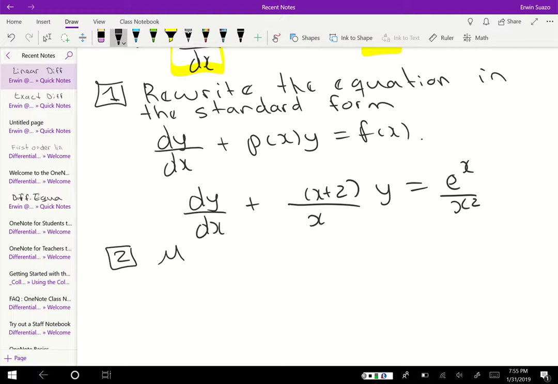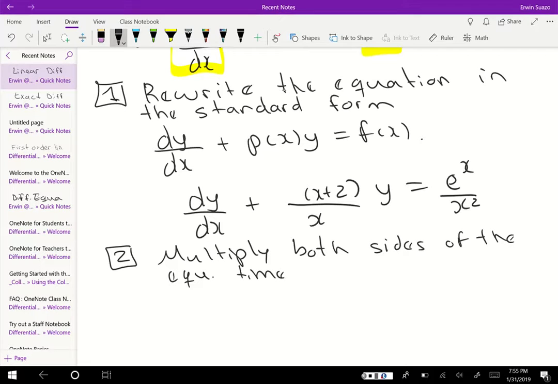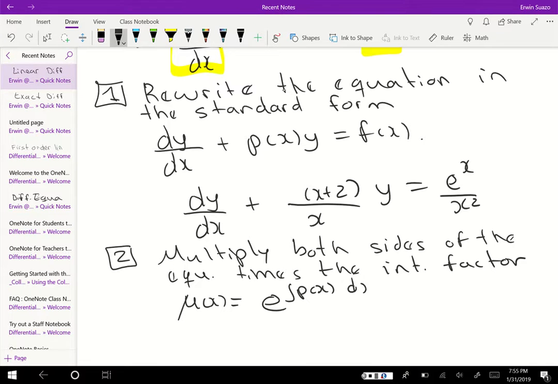So the next step is to multiply both sides of the equation times the integrating factor. And what's the integrating factor? The integrating factor is mu of x, which is equal to e to the integral of p of x dx.